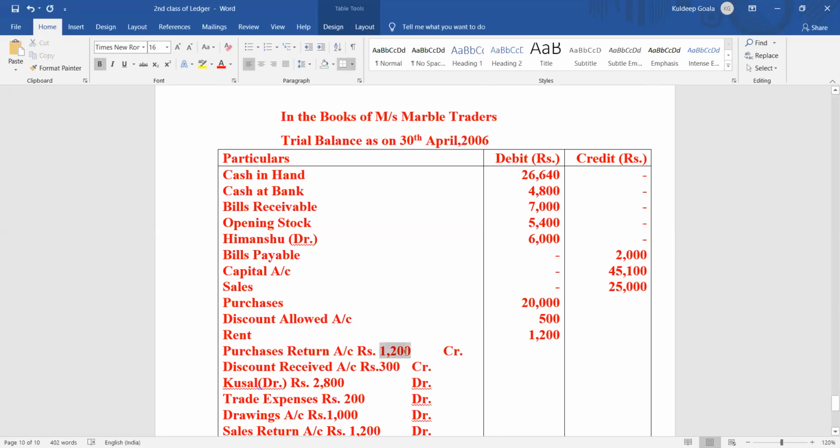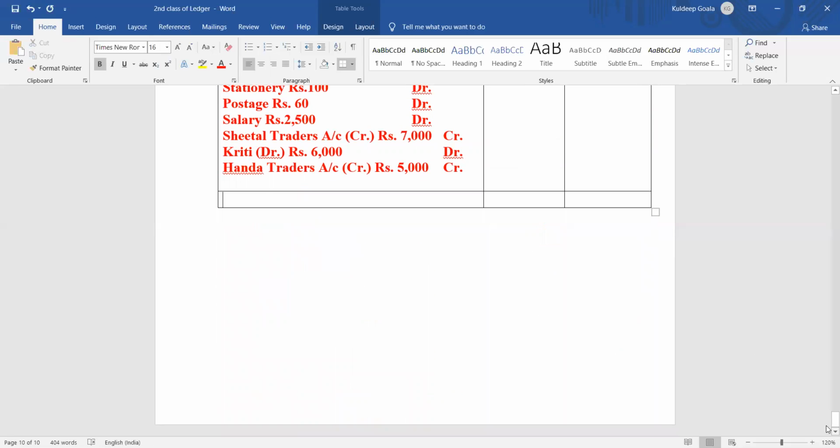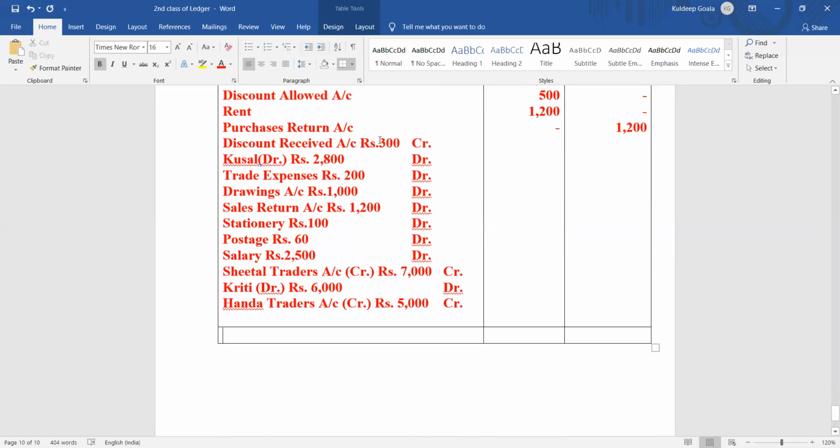Then again, purchase return, it is in the credit side, so place in the credit side. Okay, try to give the dash wherever required. Okay, then coming back again, discount received. Discount received is again going to be in the credit side, isn't it?